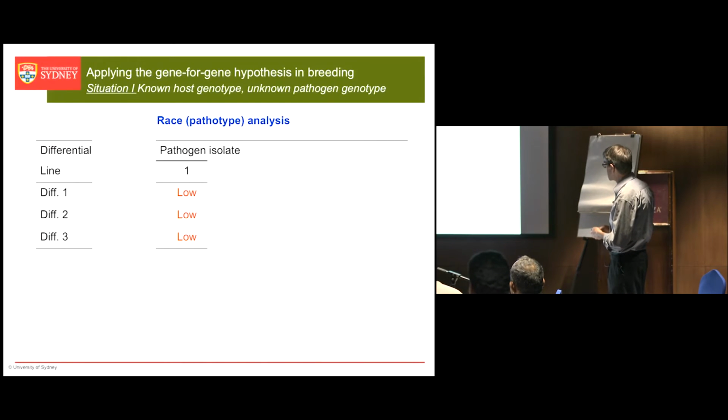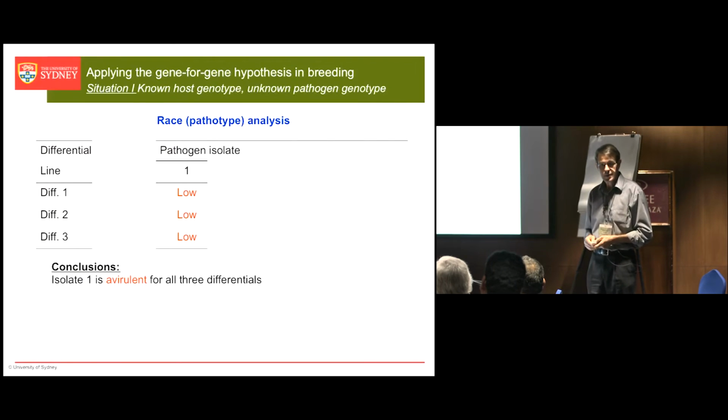Somebody sends us a rust pathogen isolate from a field somewhere in the world, and we use that isolate to infect those three differential lines that we know the rust resistance status of. In this particular case, this isolate gives a low infection type on differential 1, a low infection type on differential 2, and a low infection type on differential number 3.